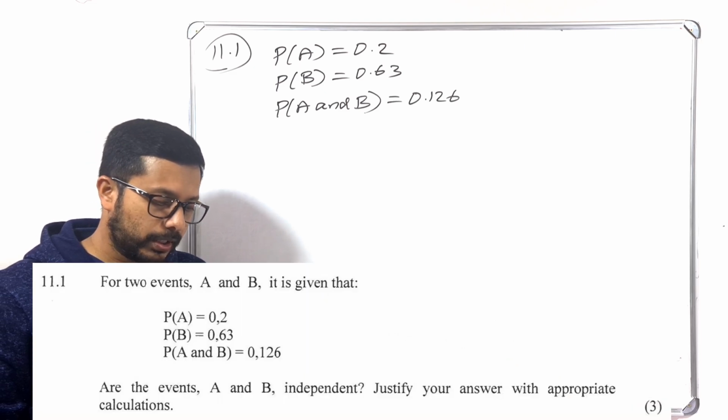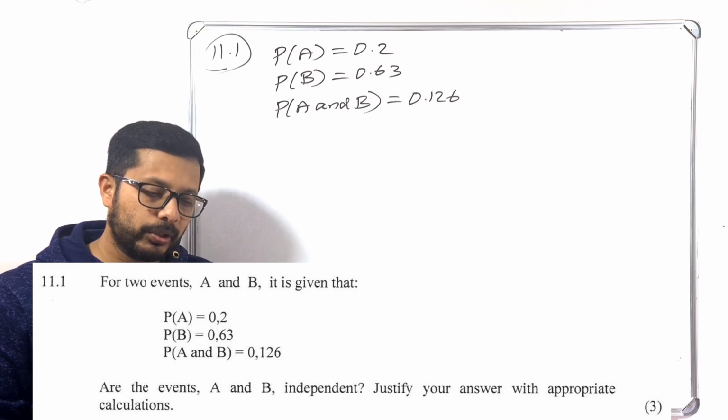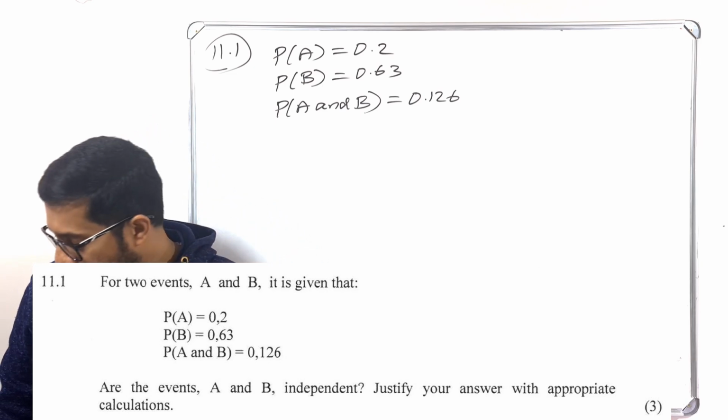So these are the things given. Now what is the question? Are the events A and B independent? Justify your answer with the appropriate calculation.